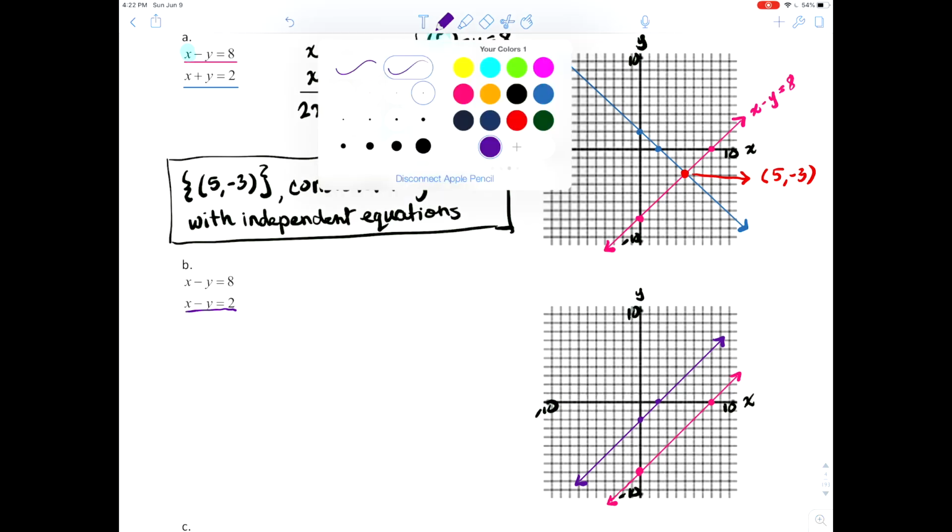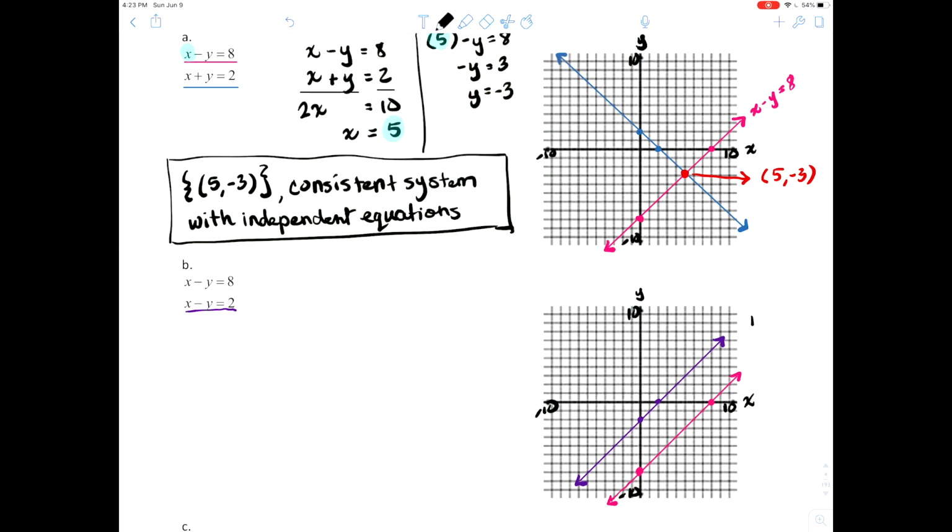So here, no intersection, so no solution. But we don't just say no solution, okay? What we need to say is that there is no ordered pair where these two lines intersect.